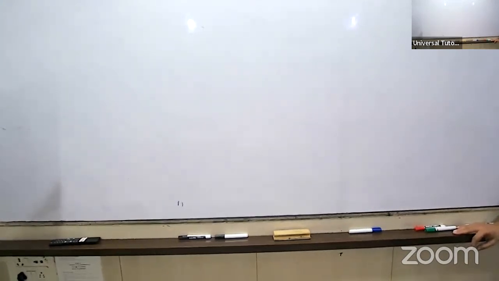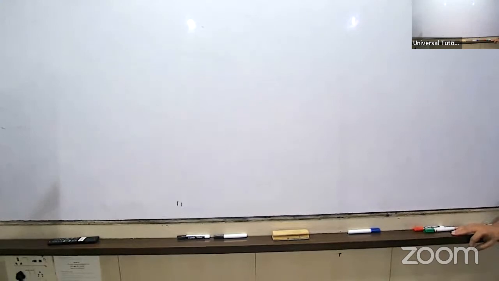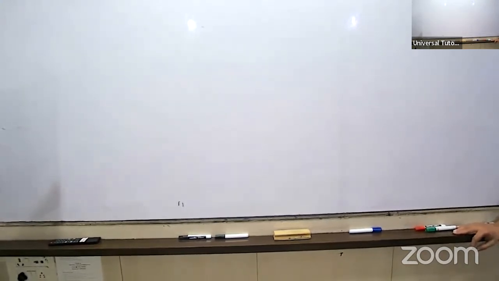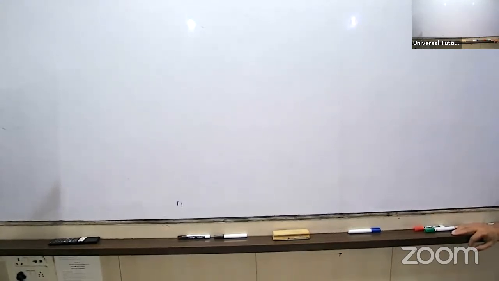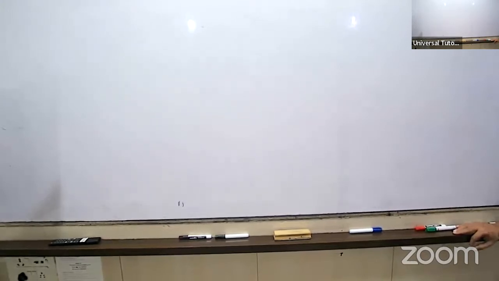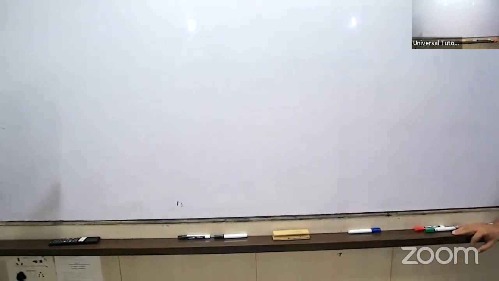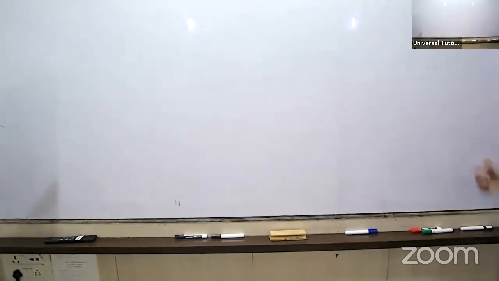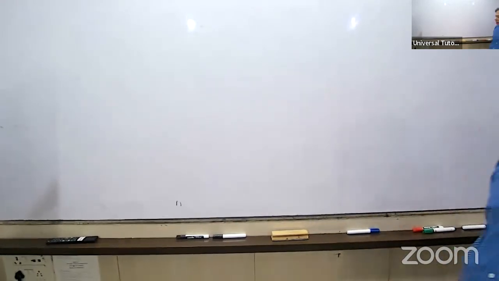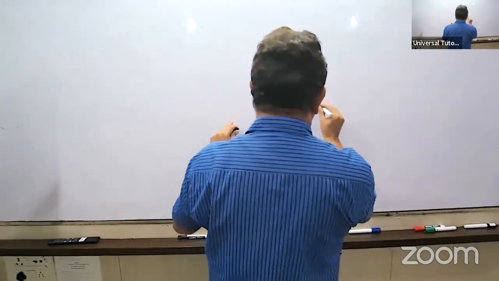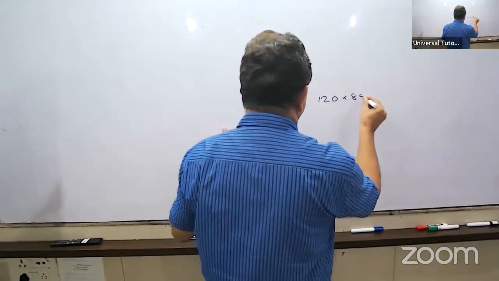Next, selling price of one share is equal to 42.50. Therefore, selling price is 120 into 42.50. Remove the decimal if you want easy calculation: 120 into 85 by 2.